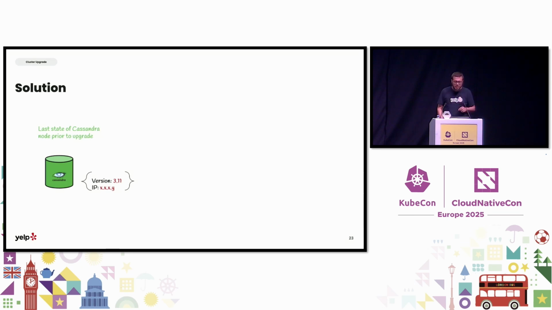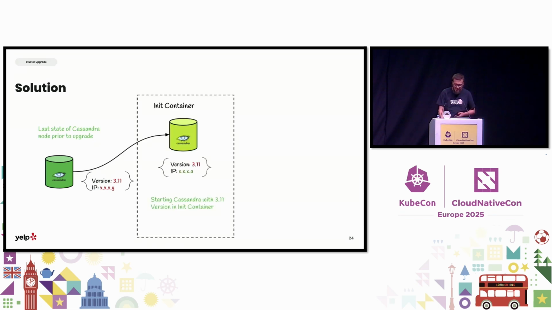So as part of this solution, we leveraged init containers to make it gradual. This is the last state of the Cassandra nodes prior to upgrade, with the version running 3.11 and IP x.x.x.y. After a restart of the pod during the rolling upgrade, a new IP gets assigned to the pod as soon as it is scheduled.